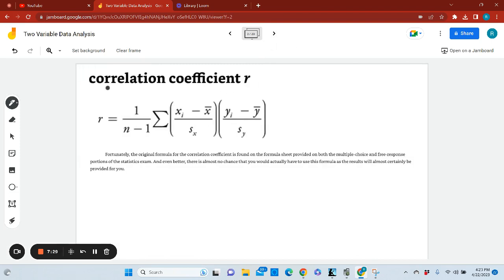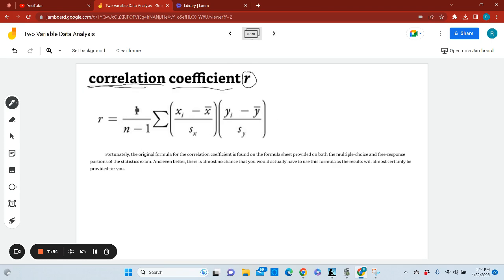Okay, so then we get into correlation, which is how we measure associations between these two variables, the bivariate data that we're working with, right? We can measure the strength of the relationship between the two variables. And we use the letter R to represent correlation, or the correlation coefficient.